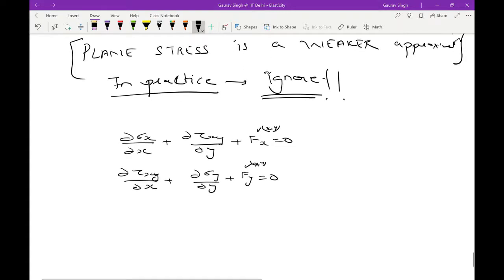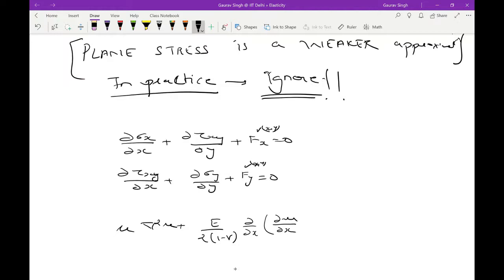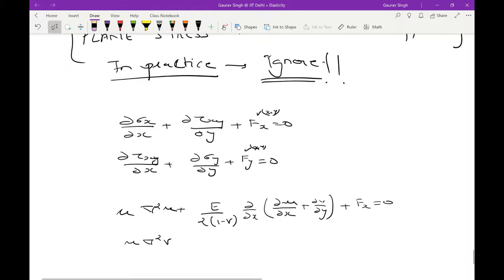Again, when the equilibrium equations are written in terms of displacement, you get the Navier's equation, and that is u and v, sorry.